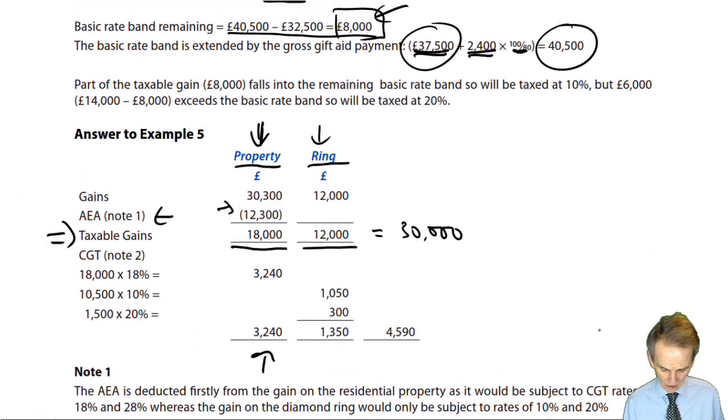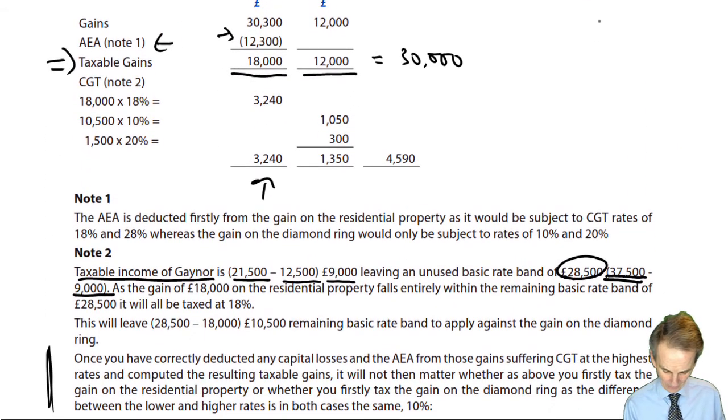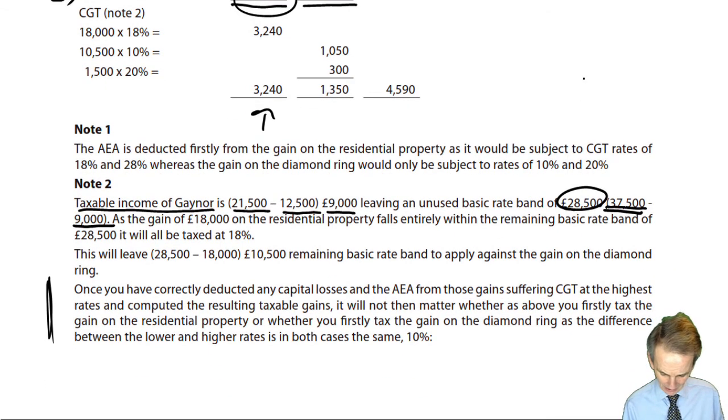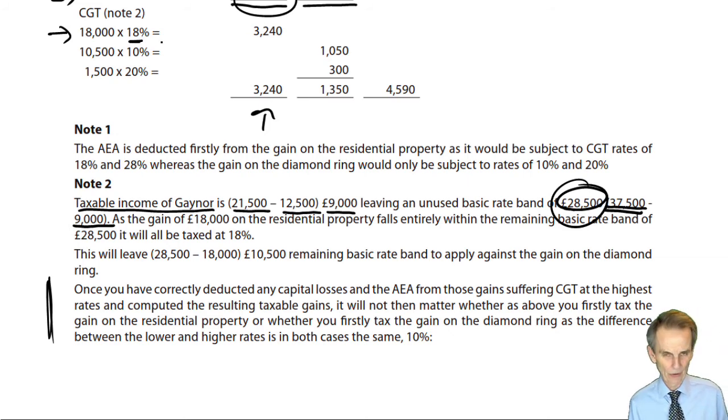So the gain on the property, taxable, was 18,000. The basic rate band remaining is 28,500, more than enough, therefore, to encompass all of the taxable gain. It's a residential property gain, still within the remaining basic rate band, so it's 18% rather than 28%.